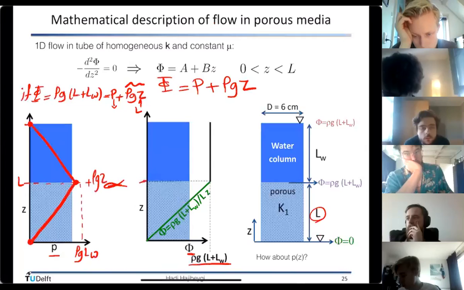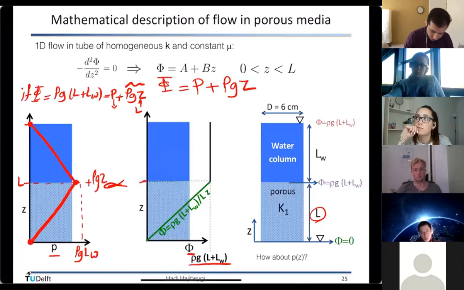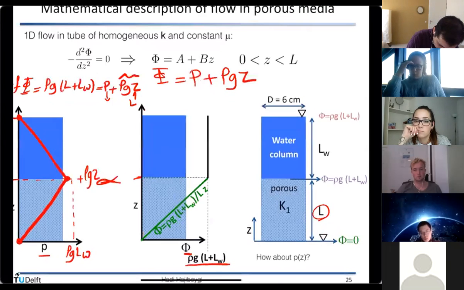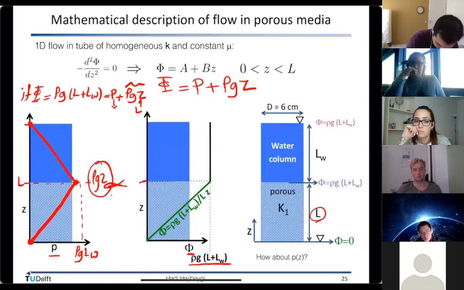So in that case, you can simply add, I can't unfortunately change the color here, I think, but imagine this is the new line that I'm plotting, rho Gz. It should also go through rho Gl at this point, so it can be generally any number.